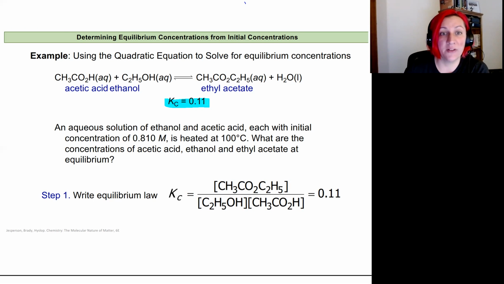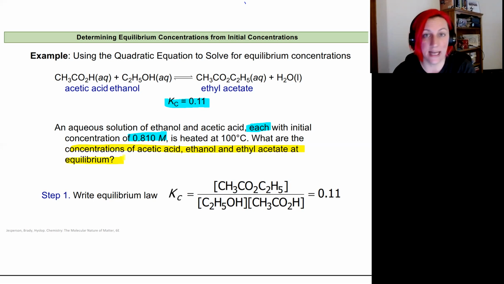So it's telling us we have an aqueous solution, so tons of water, of ethanol and acetic acid, and they both have a concentration of 0.810 molarity. It's heated to 100 degrees Celsius. The important part is that temperature is going to be constant for the reaction. What are the concentrations of acetic acid, ethanol, and ethyl acetate at equilibrium? So that is what we're trying to figure out here.